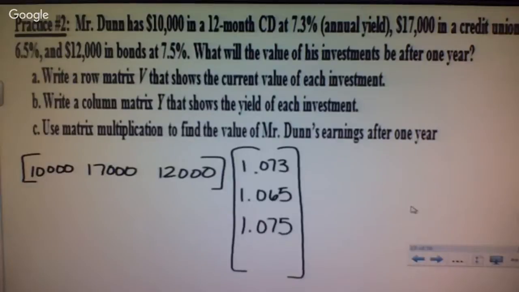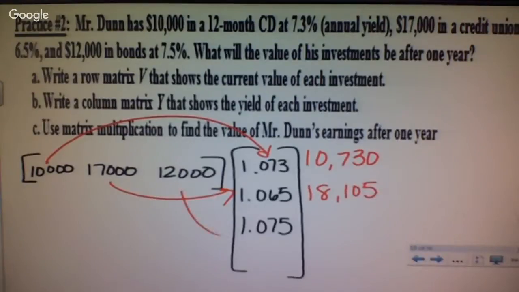Beautiful. Okay? So, same idea. I need to multiply 10,000 times its yield. 10,730. I need to multiply 17,000 by its yield. 18,105.